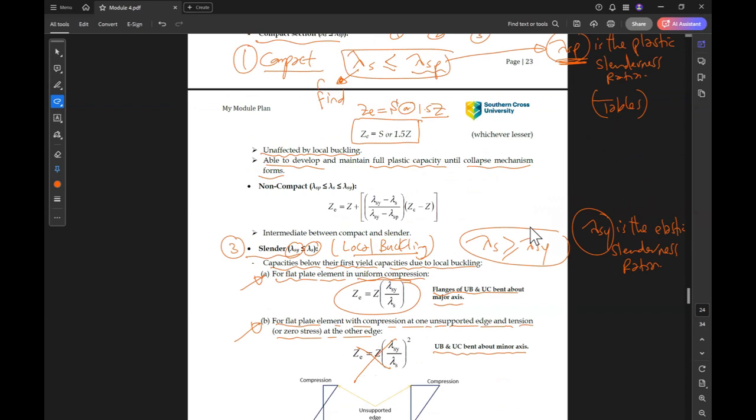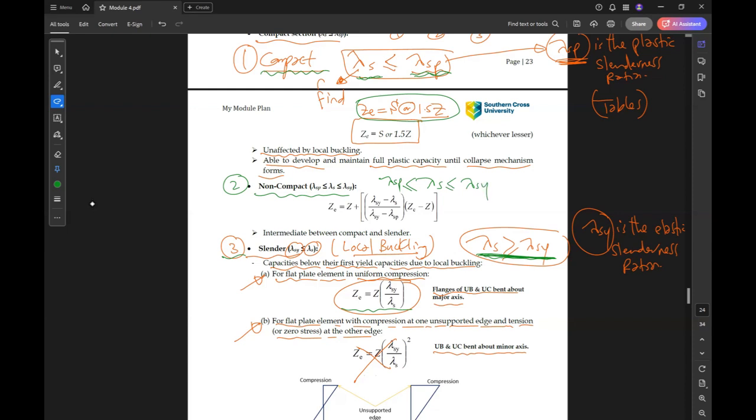So we have two cases now. Compact section, lambda s less than lambda sp, so Z effective equals S or 1.5 Z. The other case, if lambda s is more than lambda sy, Z effective equals Z times lambda sy over lambda s. The second case is the in-between case, when lambda s is more than lambda sp and less than lambda sy.